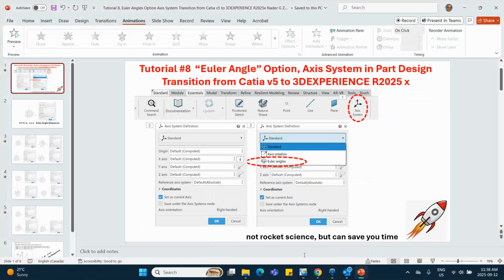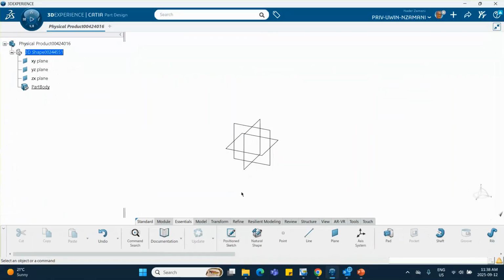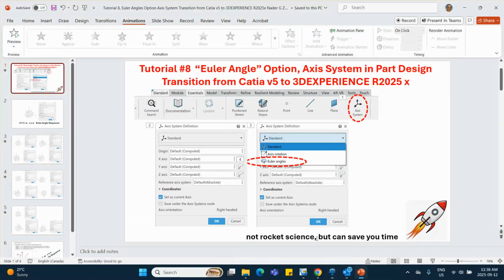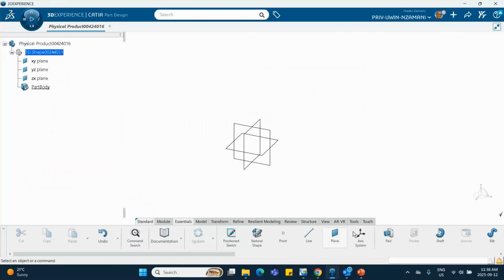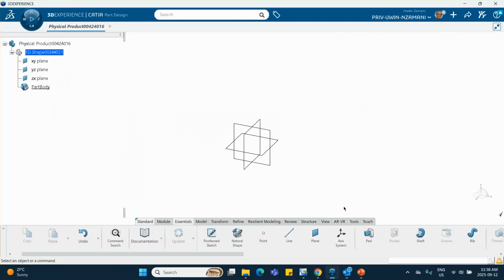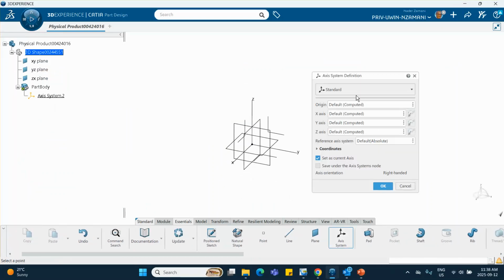I'm going to do this example for you. Remember, I did 90 for the first angle, then 90 for the second angle, and finally 90 for the third angle. So let's go ahead and do that. So click on the axis system. Okay.